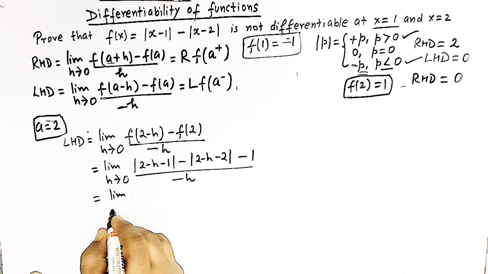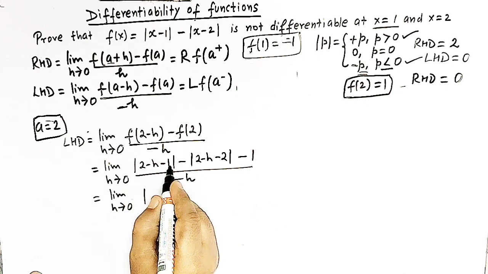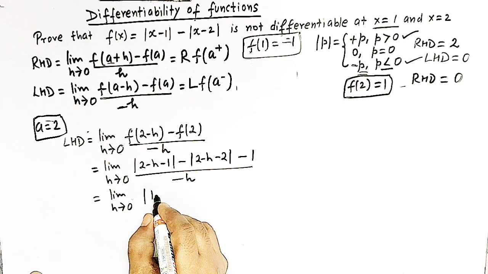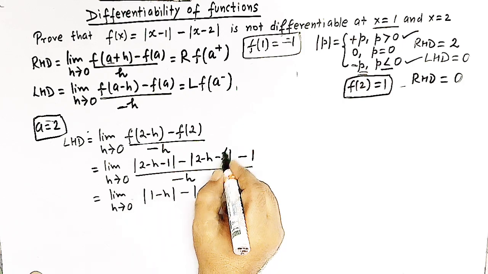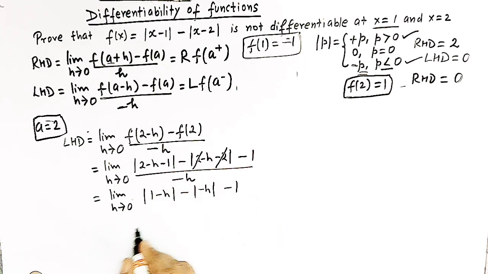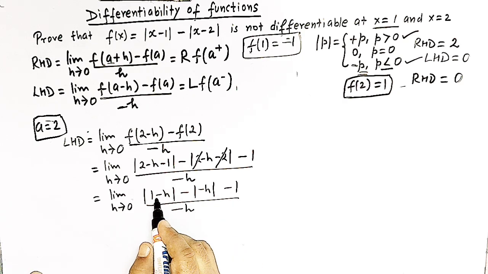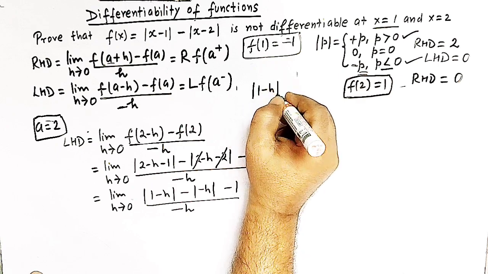So let us simplify this expression. So we have 2 minus 1 is 1, so we have mod of 1 minus h, and here minus 2 and 2 get cancelled, and mod of minus h, and here we have minus 1 over minus h, right? Now let us consider mod of 1 minus h.